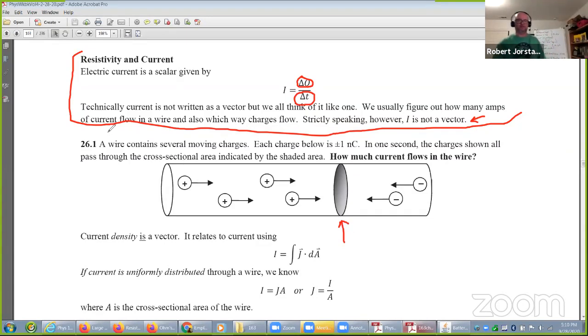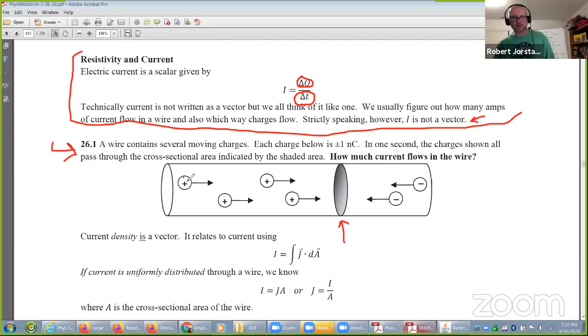So without further ado, let's do 26.1 and get a feeling for the definition of current. You have a wire containing several moving charges. Each charge below is either plus or negative 1 nanocoulomb. In 1 second, all these charges flow past that cross-sectional area.